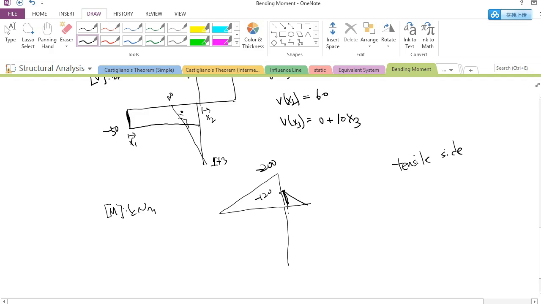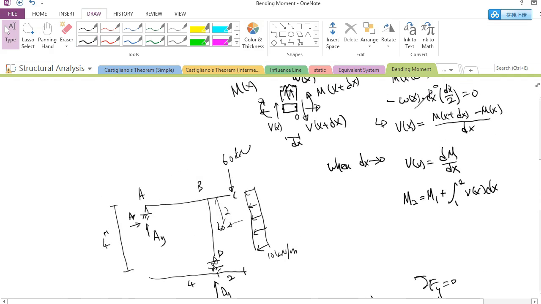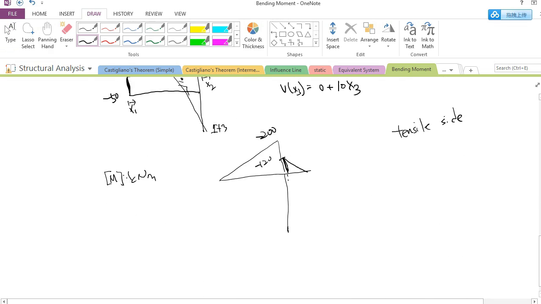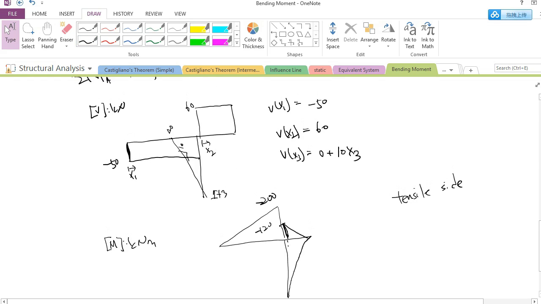Remember that the slope of the bending moment is equal to the shear force, so the slope here is very small, and then at this point the slope is larger and larger. So what is the value here? This is a quadratic equation. The value here is the area under the shear force diagram.